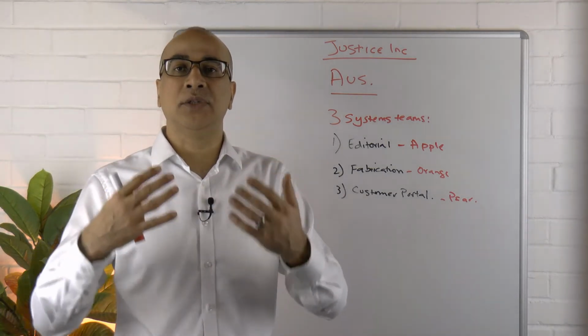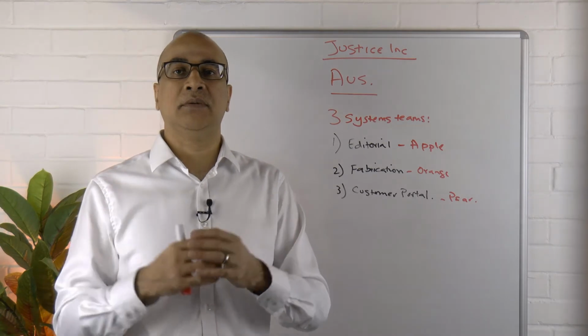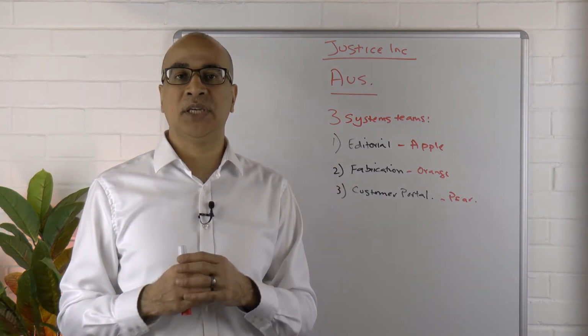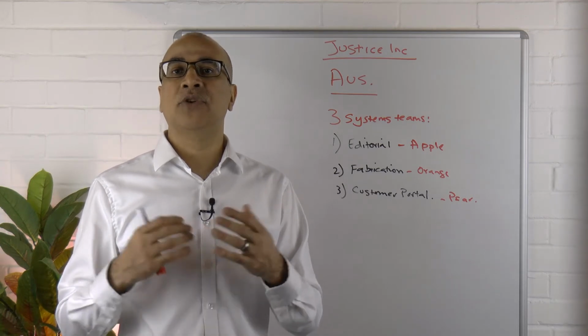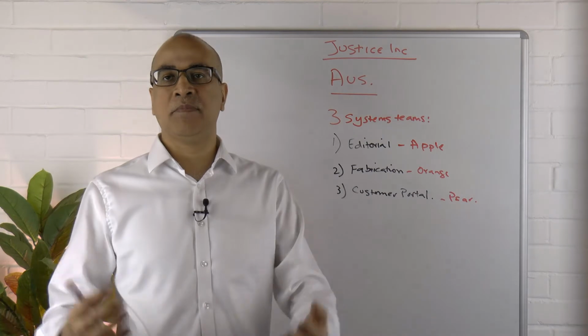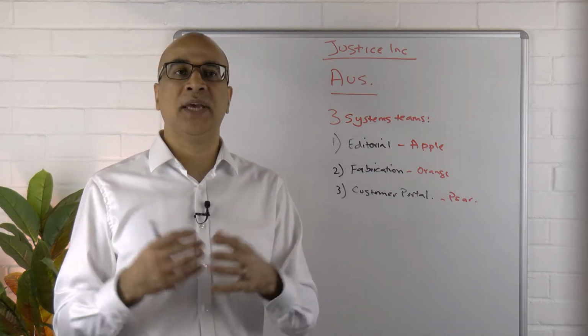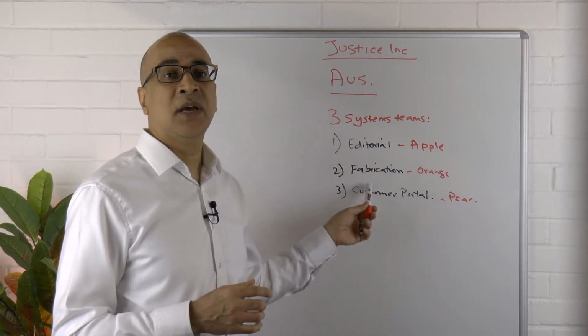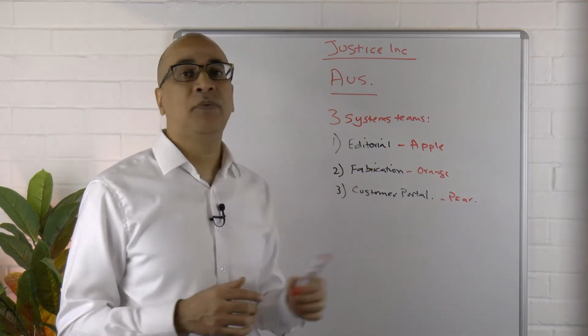If you can't, for whatever reason, set up a cross-functional team, then try to make sure that you don't name your teams by the function that they have. So for example, it'd be a bad idea to call this an editorial team, a fabrication team, or a customer portal team.